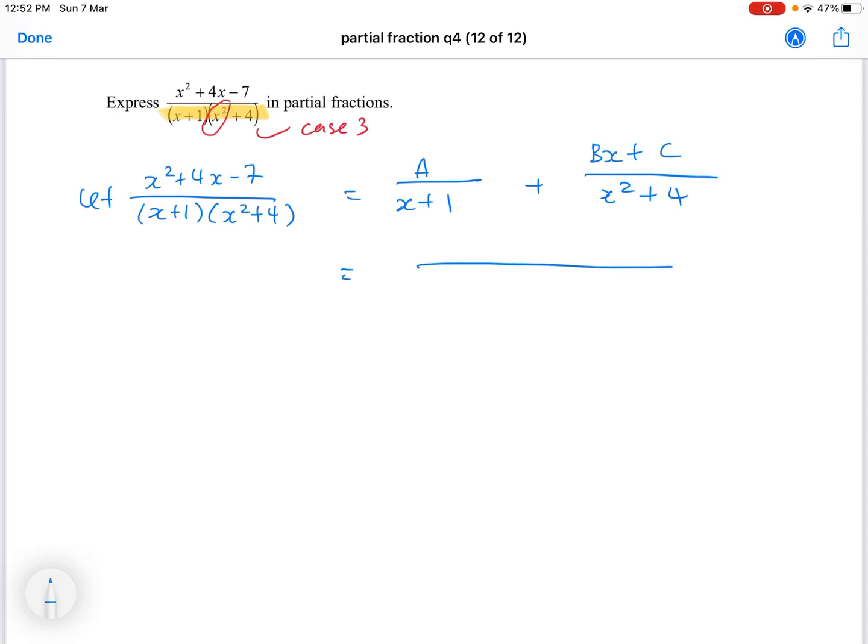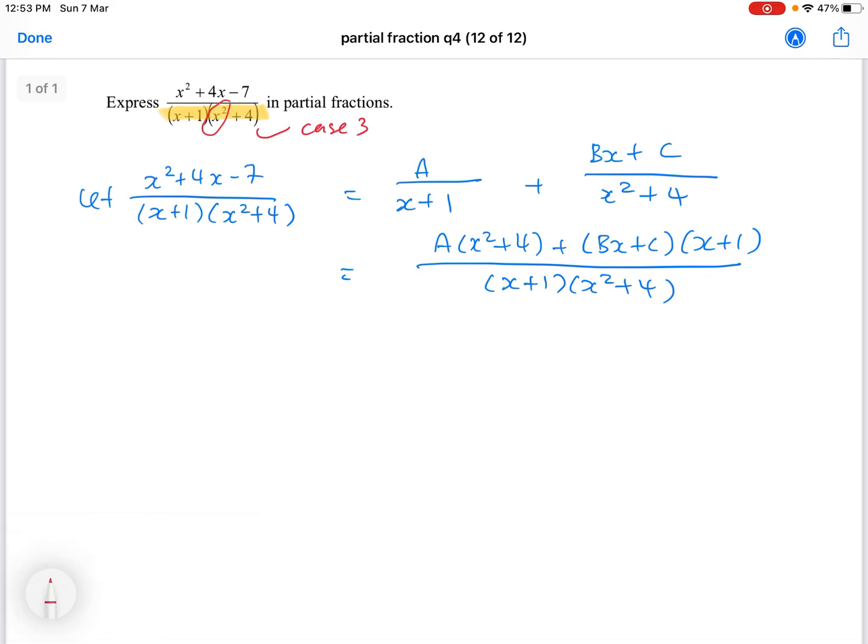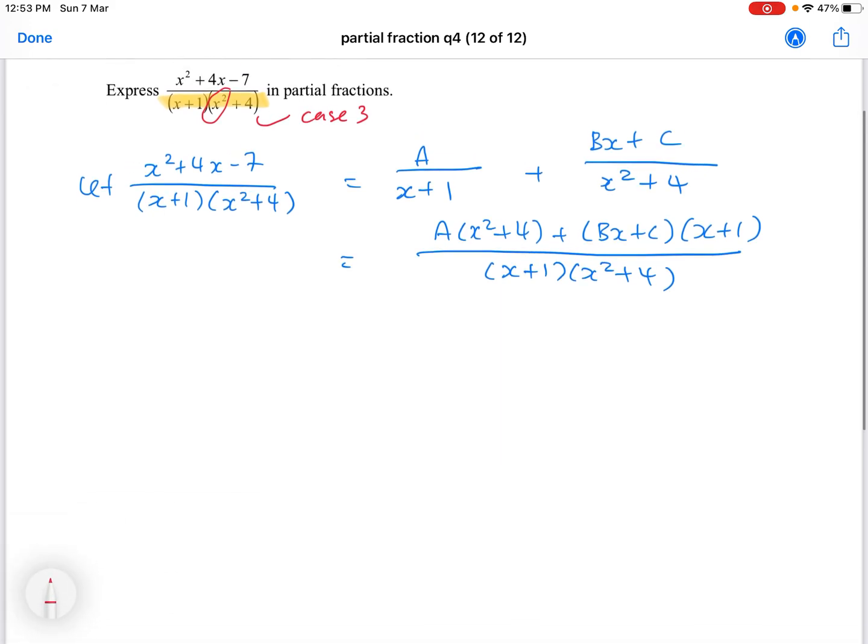After which, we will also express it as a single fraction. So it will be A times x squared plus 4, and then your Bx plus C will be multiplied by x plus 1.